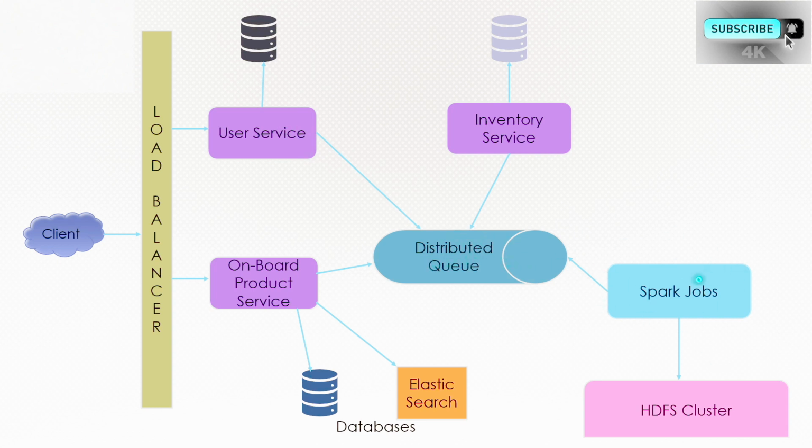Again, there can be a service here. If you are using Java, you can write a microservice here, or using Python also you can write these services, and you can use Spark jobs there to run on the data. These data will be very unstructured. What these jobs can do is aggregate all this data and put it into the HDFS cluster.